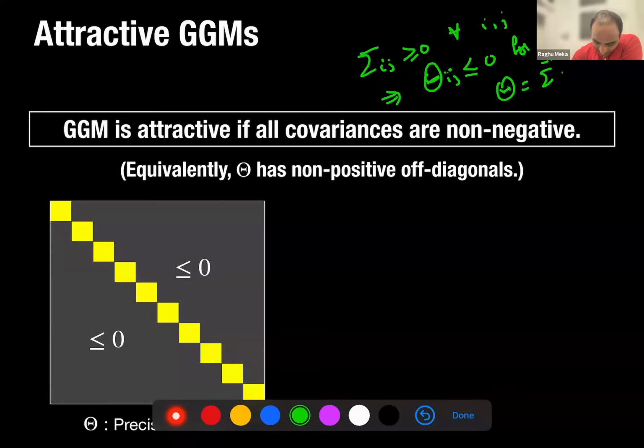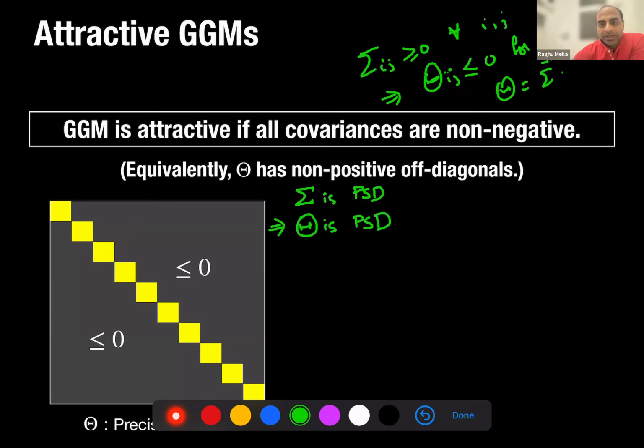In the precision matrix, the diagonal entries will still be positive and the off-diagonal entries are non-positive. And here I should emphasize that sigma being PSD implies the precision matrix is PSD as well. The inverse of any positive semi-definite matrix is always positive semi-definite.